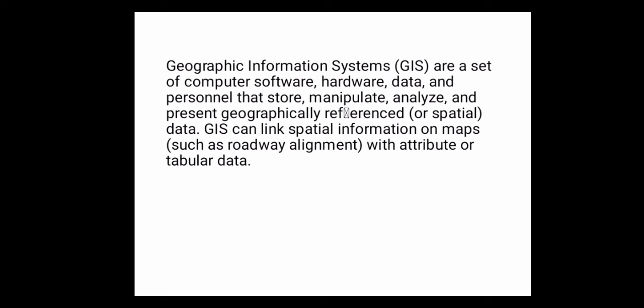This information could include items such as the section ID number, length of section, number of lanes, condition of pavement surface, average daily traffic, and many more. By accessing a specific road segment, a complete array of relevant attribute data becomes available.